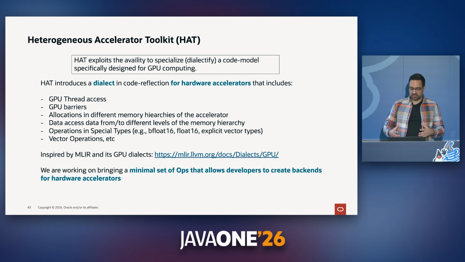So what we are working on is towards the definition of this dialect. Hopefully, the toolkit will have the dialect finalized so that we can give it to developers in order to expand with new backends. So you want a new backend, this is the dialect that you want to extend.